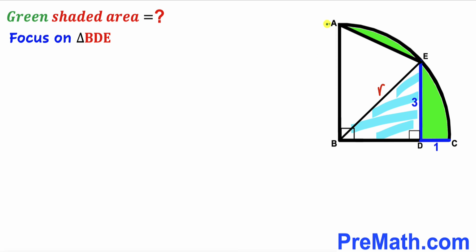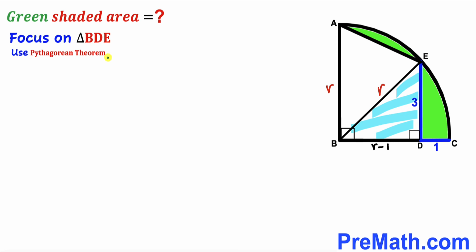Likewise, side AB is the radius as well, so this is r, and BC is also the radius r. This tiny segment CD has length 1, so segment BD has to be r minus 1.